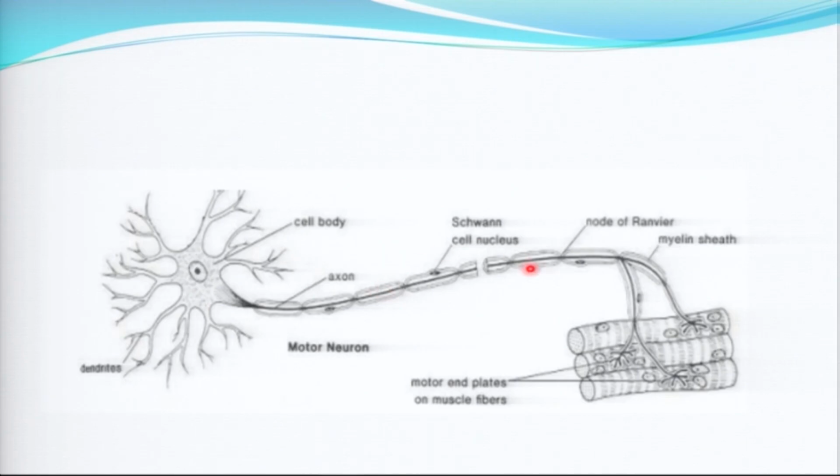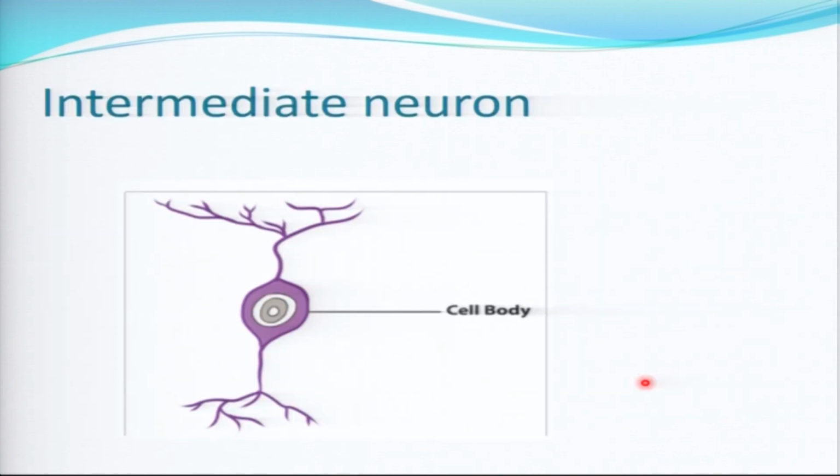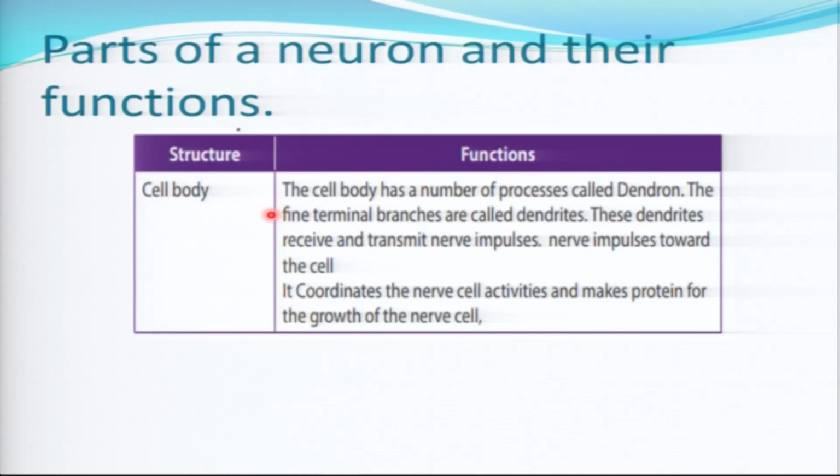Then from the axon, you see here we have the muscle fibers. It can reach the muscle, and then you get the response. Now, this is the intermediate neuron, where it will have this cell body, and those are the dendrites. So they have different structures.